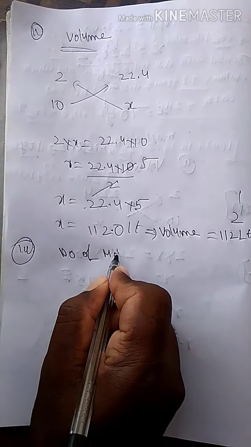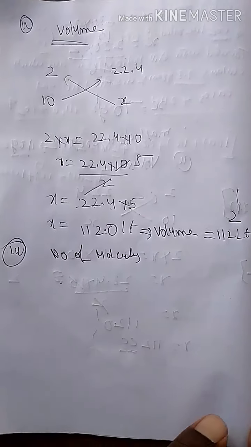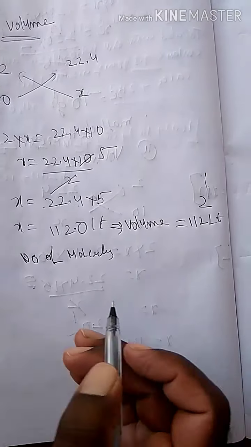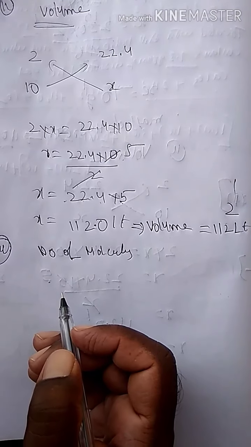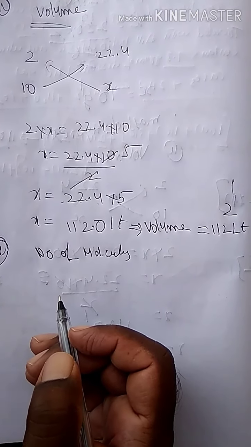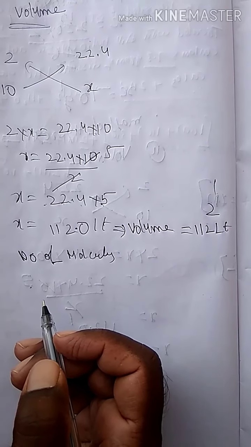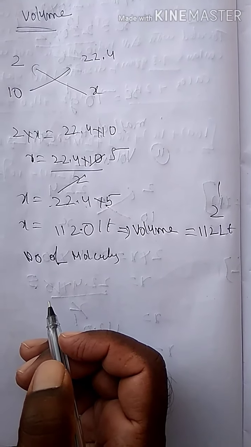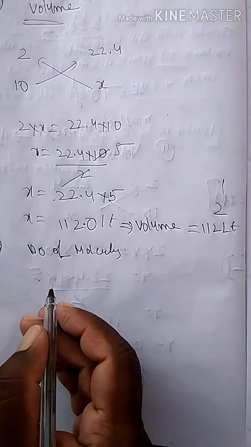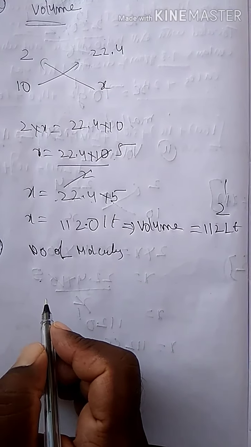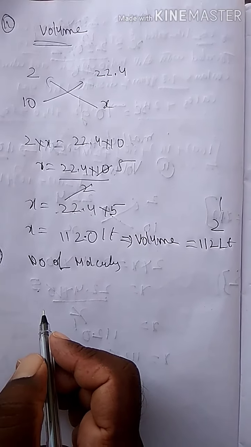Number of molecules. The same 2 grams of hydrogen at the STP condition occupies 6.023 into 10 power 23. So from the above equation, already we did 2 grams of hydrogen.